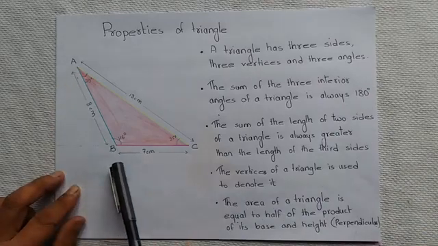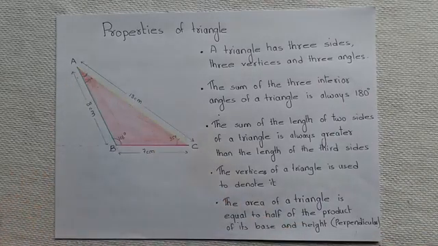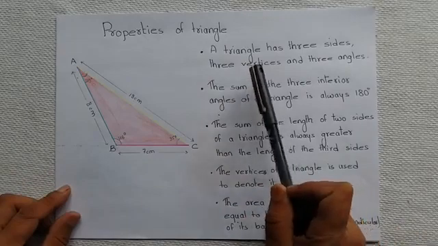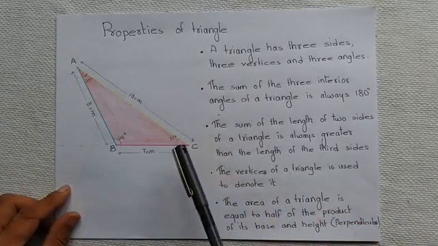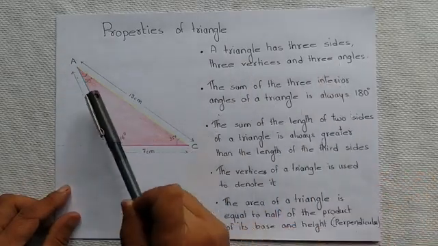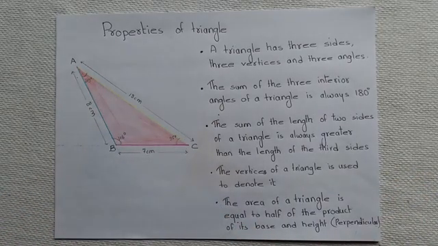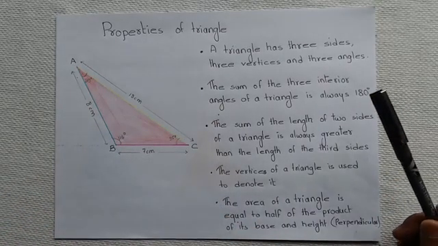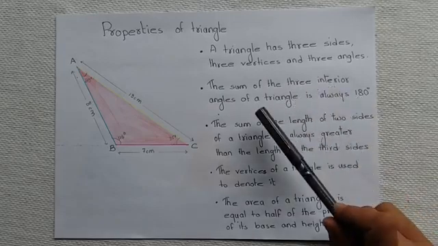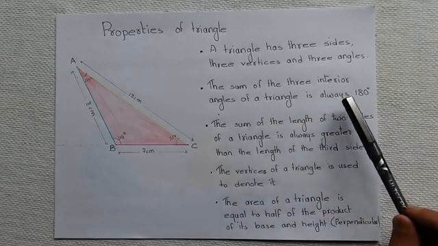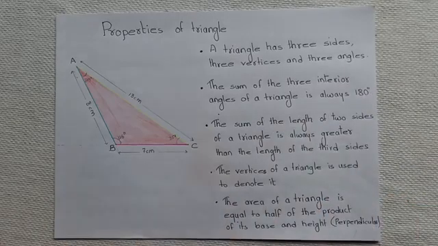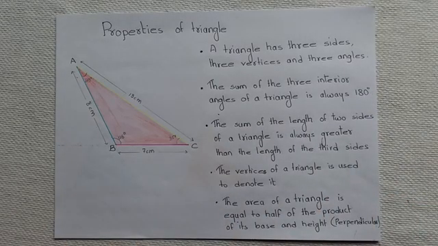The sides AB, BC, and CA are the three sides, and it has three vertices A, B, and C, and three angles. You can see we have three angles inside, three corners. And the next property is the sum of the three interior angles of a triangle is always 180 degree. Now let's take a clear picture to understand this.